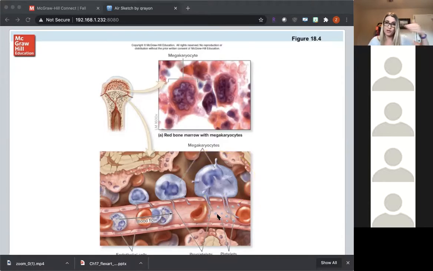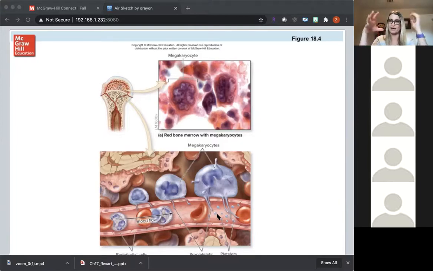And as the blood flows through that area and these proplatelets are sticking to the inside of the blood vessel, they literally break off pieces of the proplatelets. So platelets are really just small tiny fragments of the megakaryocyte. It's like a little piece of cell membrane and a cytoplasm in there. There's other stuff in there too, and that has to do with the function of the platelets, but that's kind of how they get chopped off.